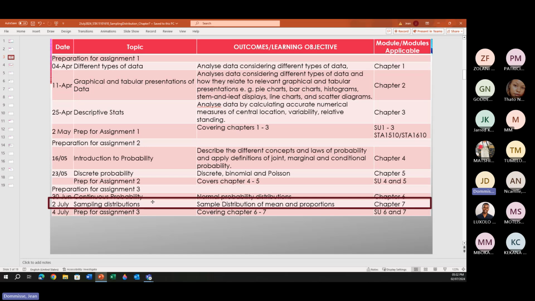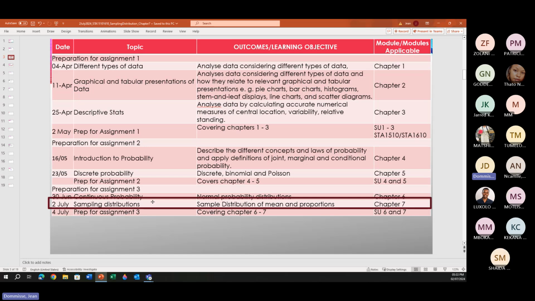So when we looked at the questions, we were never worried about the sample size, because we just looked at a normal distribution, or a distribution acting like a normal distribution, with a mean of 0 and a standard deviation of 1. So we didn't really worry about the sample.